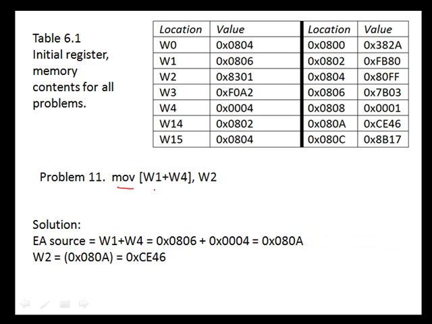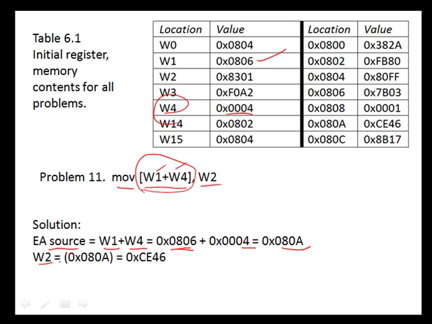Problem 11 says to move register indirect with register offset using W1 and W4 to W2. The first step is to compute the effective address of the source operand. So that's going to be W1 plus W4. W1 contains 806. W4 contains 04. So our effective address is going to be 806 plus 4, which is 80A.